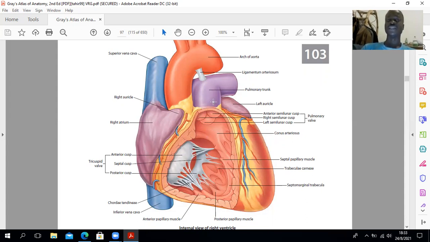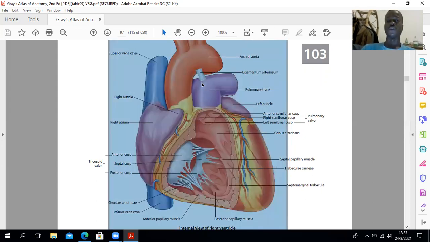Right. Interestingly, from this picture, away from what we are discussing, this is the ligamentum arteriosum, which is a remnant of the ductus arteriosus. It's one of the three functional shunts that you find in utero. One of them is the foramen ovale, which persists as the fossa ovalis in the right atrium.